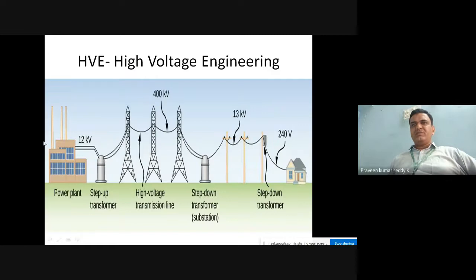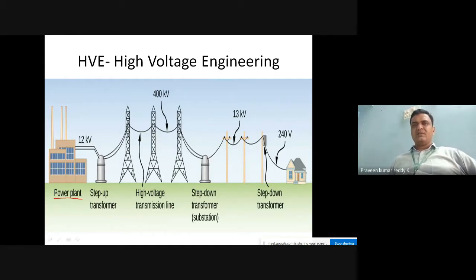Before going for that, all of us have to understand why we go for high voltage transmission and distribution. The picture on screen describes the entire power system. If you observe the picture, we have a power plant, which can be a thermal power plant or any kind of power plant like hydro or solar.